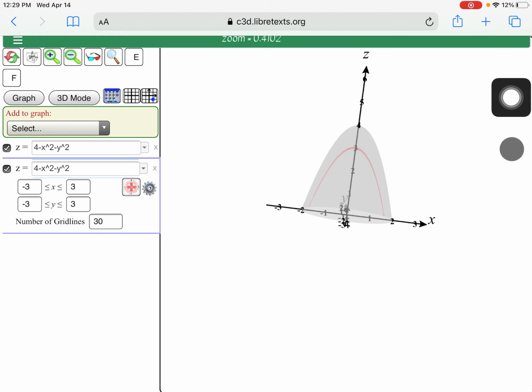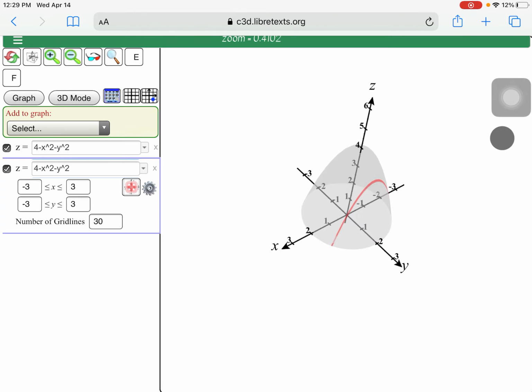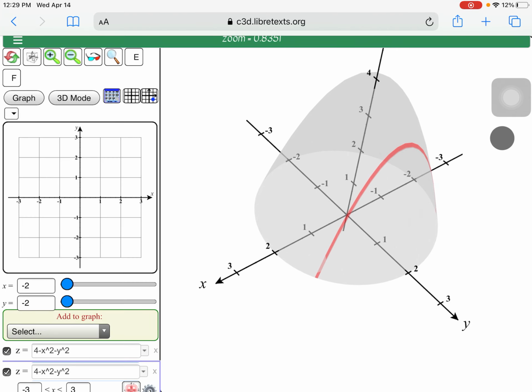Great. So there's really no easy way for me to plot the tangent line here. But if we were calculating the tangent line at the point (1, 1, 2), let's go to x equals 1, roughly there, and y equals 1, roughly there.